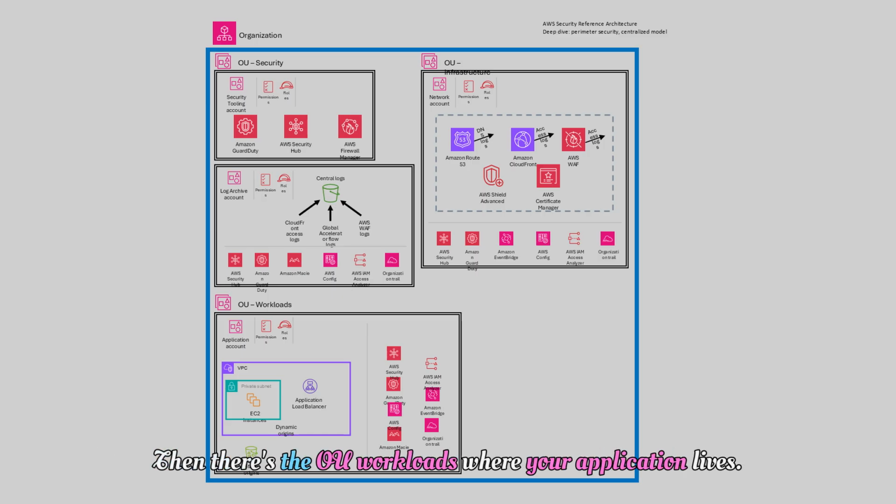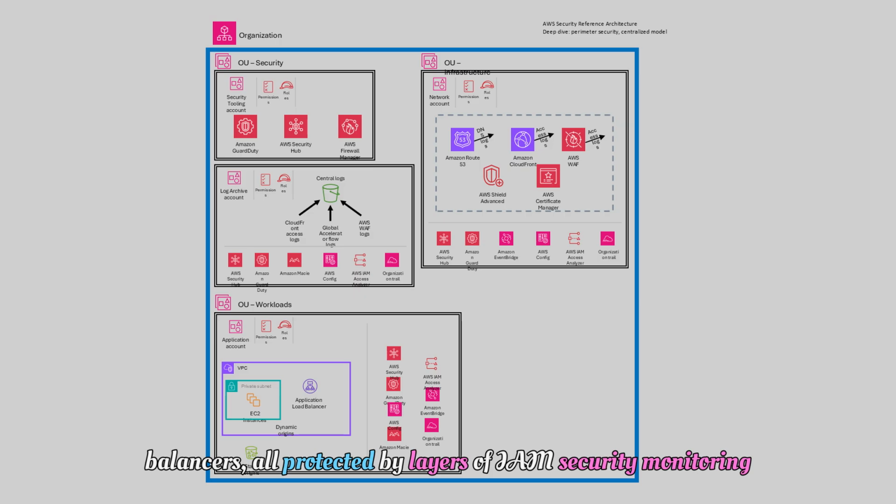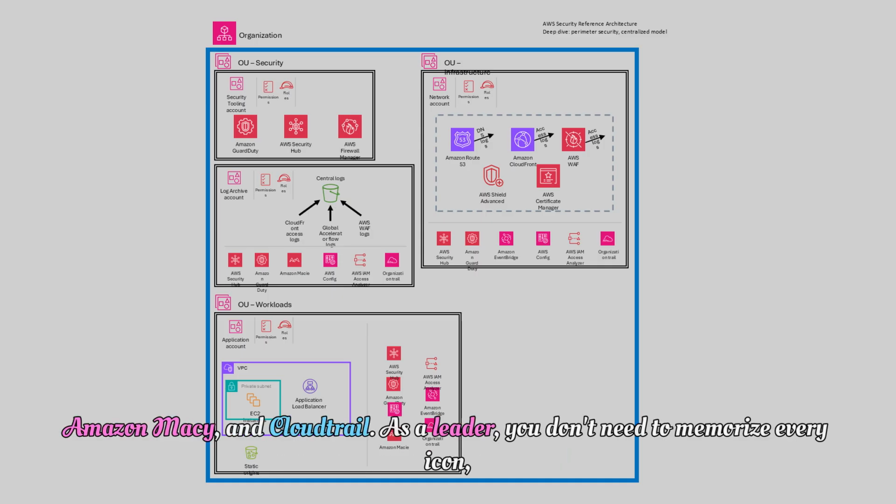Then there's the OU workloads, where your application lives. Here, you define VPCs, subnets, and deploy EC2 instances behind application load balancers, all protected by layers of IAM, security monitoring, and logging tools like AWS Config, Amazon Macie, and CloudTrail.